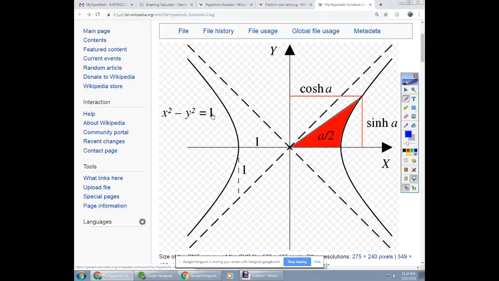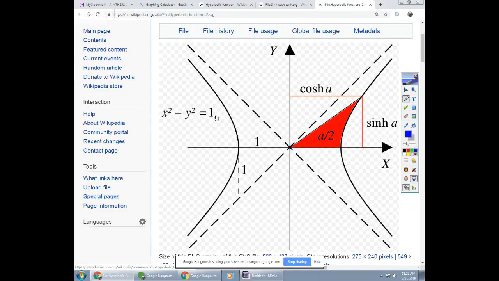Now, can you think of another curve that's kind of like x squared minus y squared equals 1 that you played with before in a class right before calculus? It's trigonometry: x squared plus y squared equals 1 gives me the unit circle. And the unit circle leads to regular sine, cosine, and tangent. Well, it turns out the unit hyperbola leads to these hyperbolic trig functions.